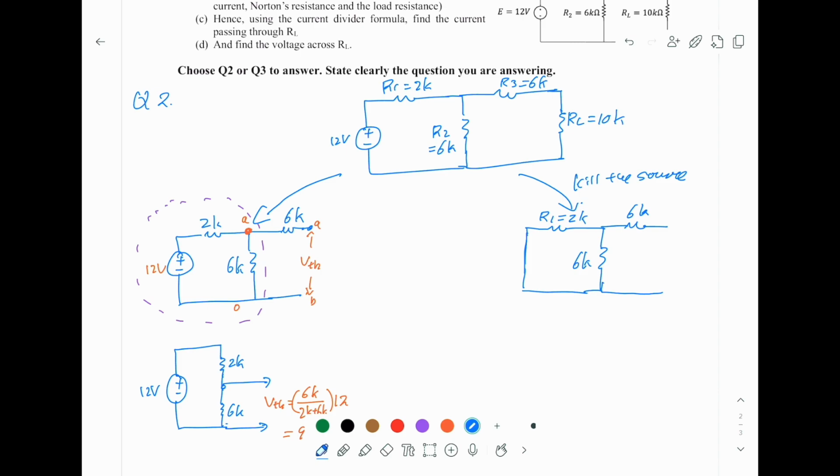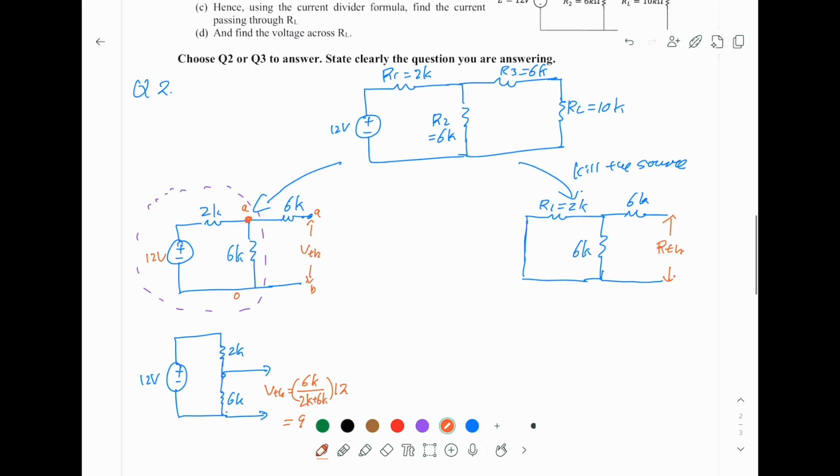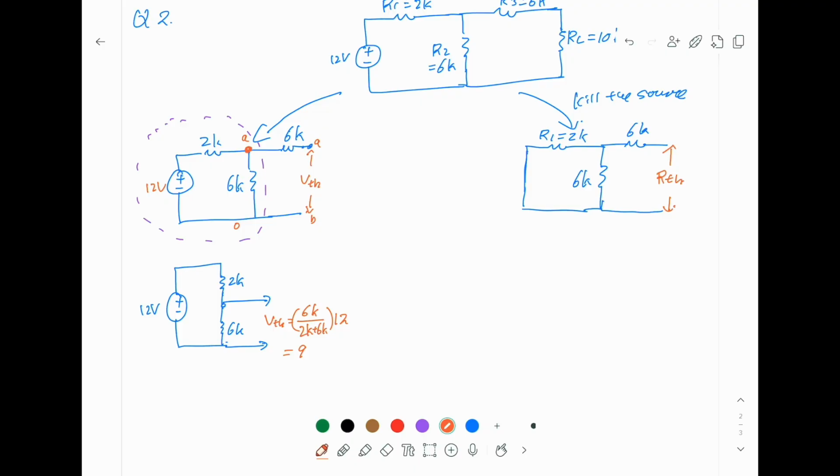Now you are trying to find the resistance across this network. We call this the Thevenin resistance. Again, you must be able to see in your head that this circuit is exactly this circuit. The reason is there are two splitting points, this one and this one.